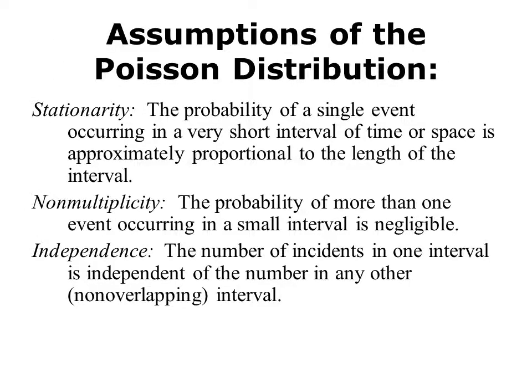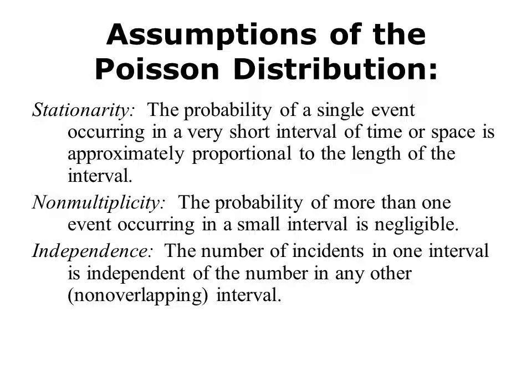Some of the assumptions of the Poisson distribution are, first, that we have stationarity. What that means is that the probability of a single event occurring in a very short interval of time or space is approximately proportional to the length of that interval. So the probability of a flood in 1 month would be about 1/3 the probability of having a flood over a 3-month interval.